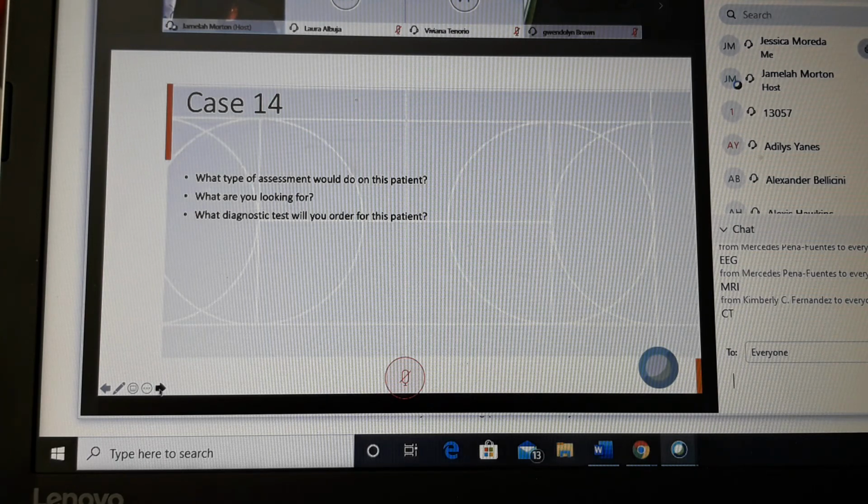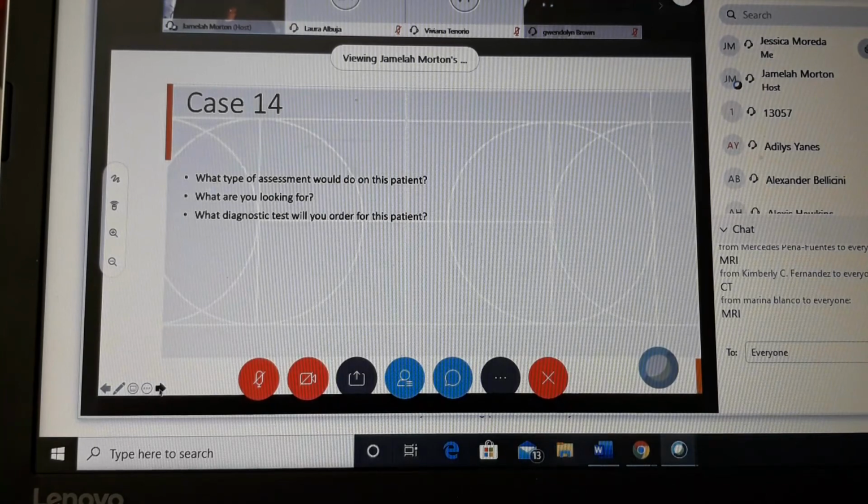What diagnostic test will you order for this patient? You can do a CT and an MRI. Remember, a CT is not going to show you much tissue. In this case, this guy probably, it's been progressive and he's had it for a long time, so an MRI would be best to evaluate what's going on.